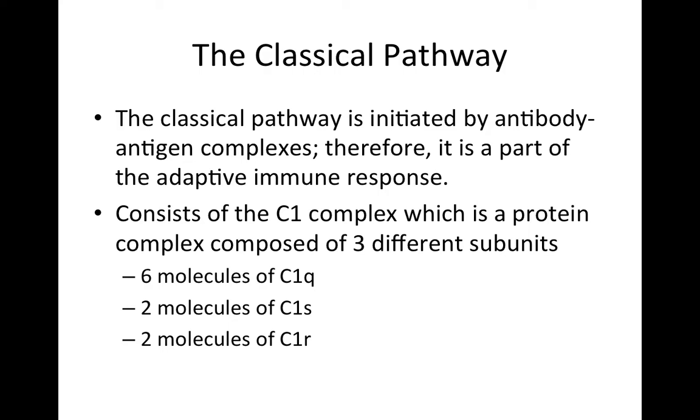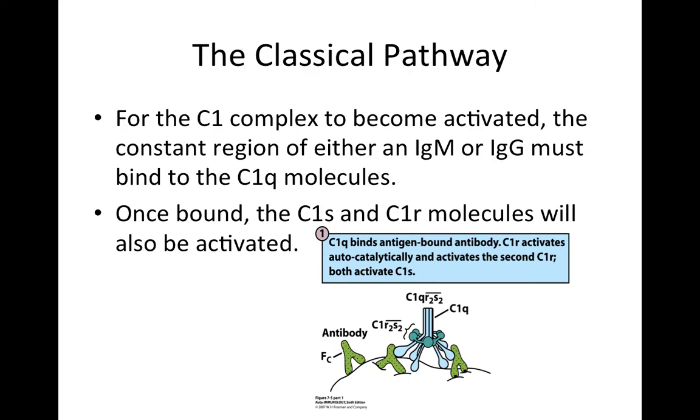The classical pathway consists of a C1 complex, which is a protein complex composed of three different subunits: 6 molecules of C1q, 2 molecules of C1s, and 2 molecules of C1r. For it to become activated, the constant region of either an IgM or IgG must bind to the C1q molecules.